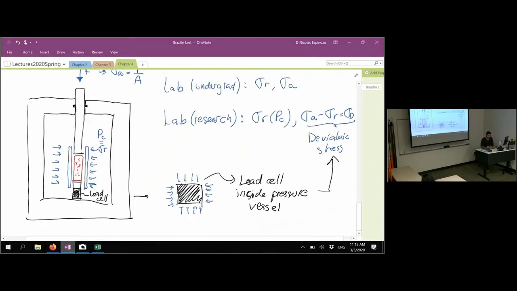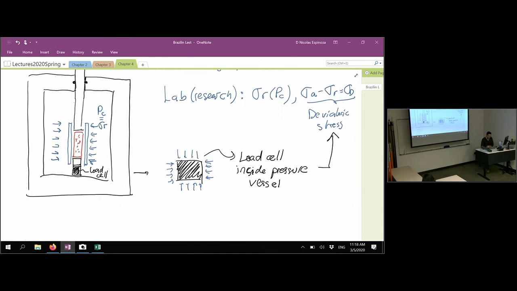So in this case, in general, when we're dealing with total stresses, if the deviatoric stress is S1 minus S3, then S1 is just going to be SD, the measured value, plus S3.